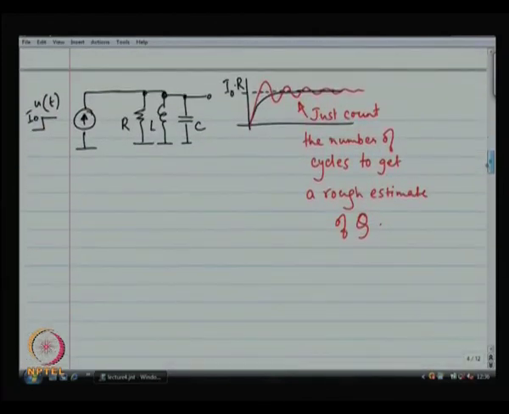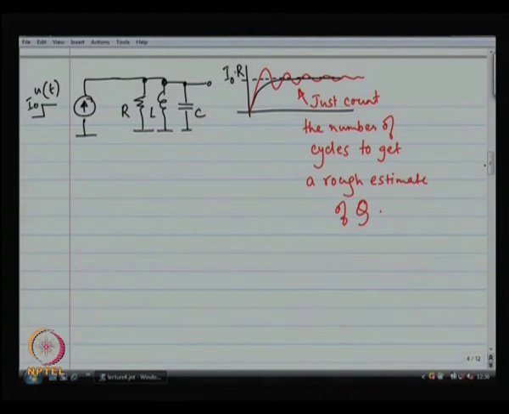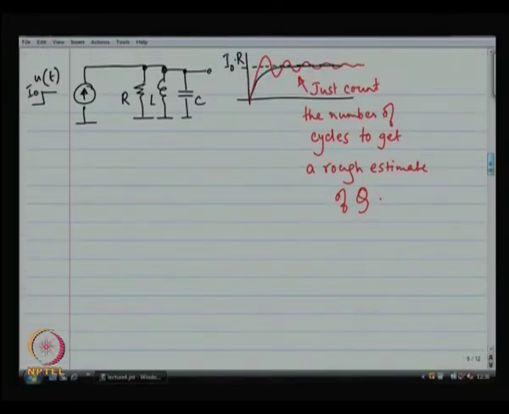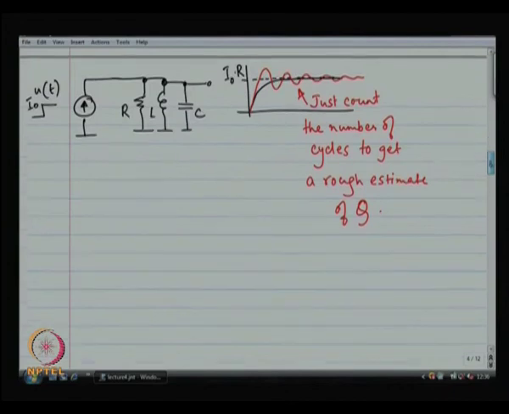Number 2 is we talked about the transient response. In the transient response, the number of times the circuit rings gives you a rough estimate of what the quality factor of the circuit is. I have not proved this, but you can look at the books, you can look at Thomas Lee's book, which is a very good reference for this course, and the derivation is done there.